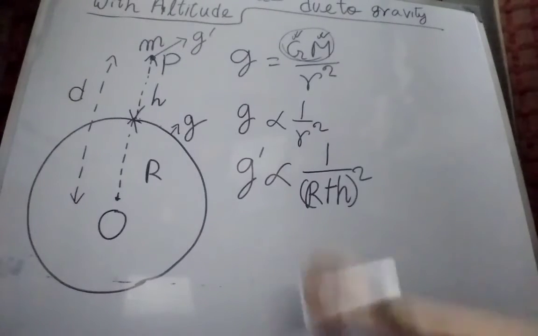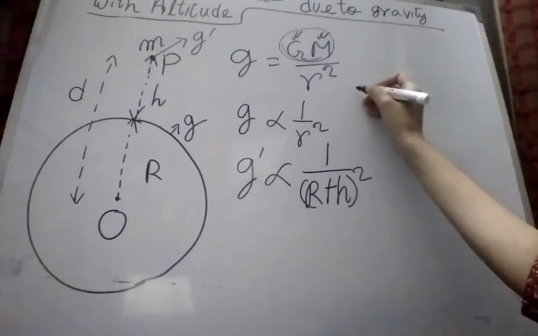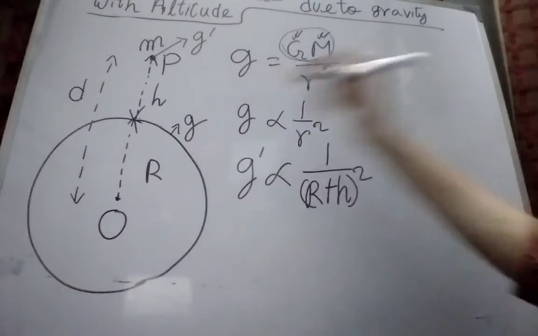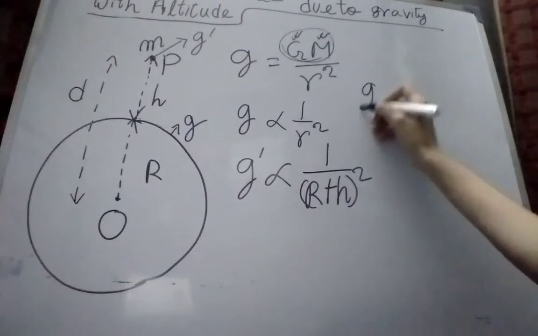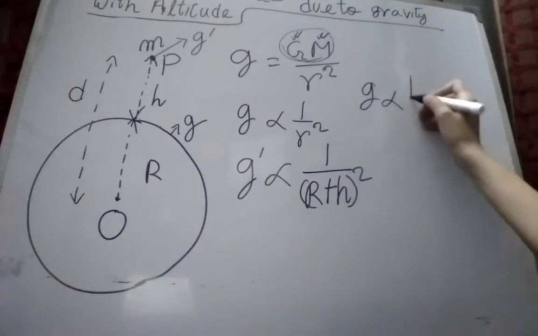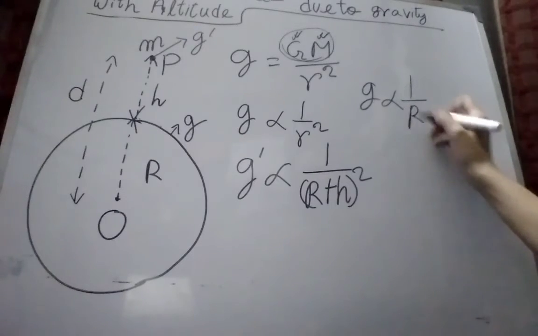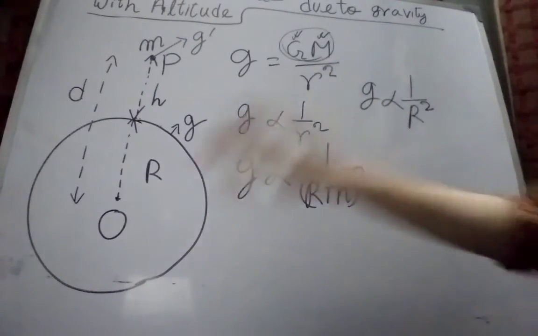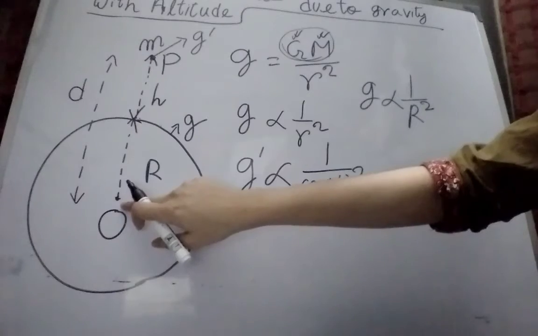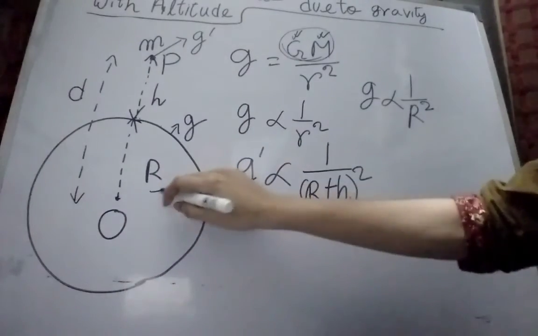And for g, this will be proportional to 1 by R square, because the distance from the center to the surface is capital R.